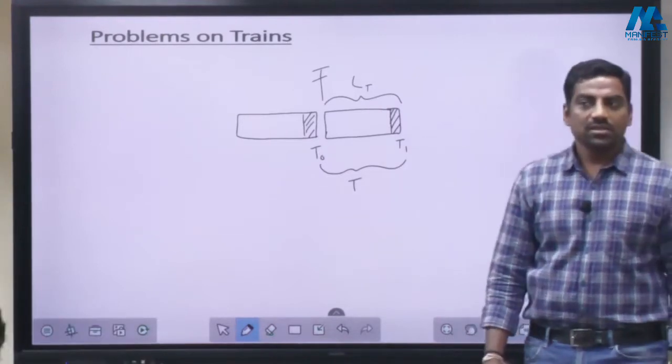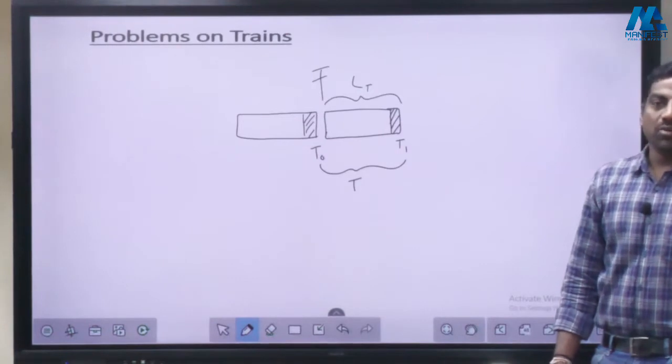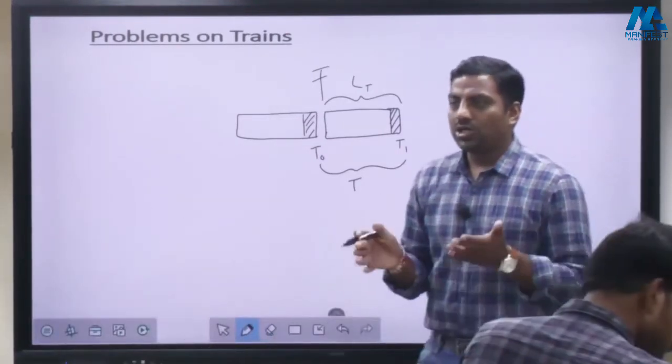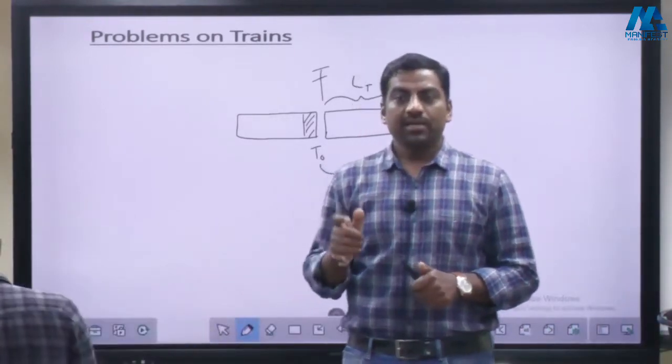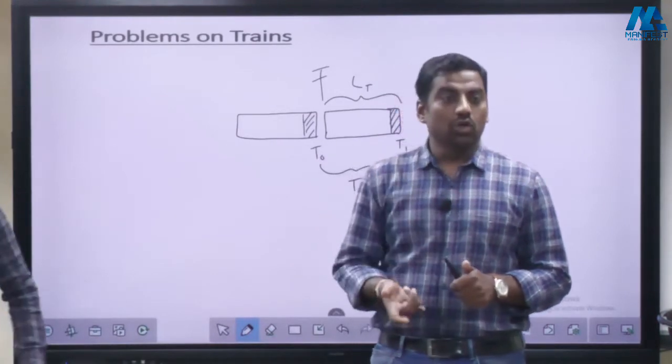Is it logical? That is why we are more worried about trains. That is why we have taken a small chapter on trains. Because here, the distance covered by the train is nothing but the length of its own.